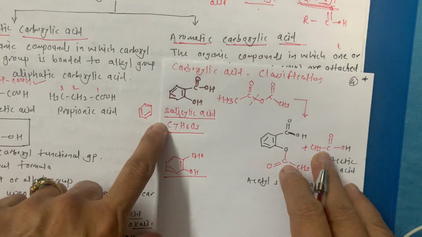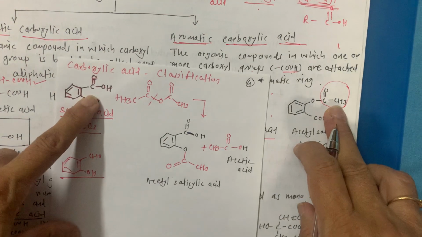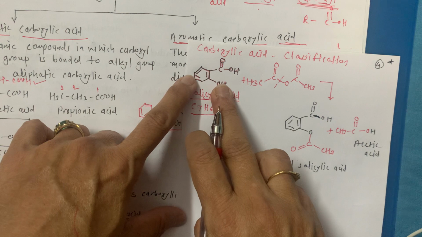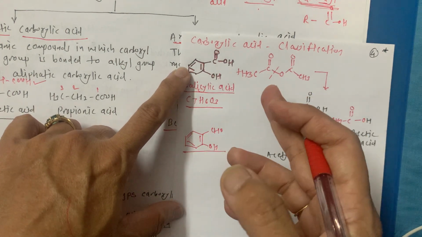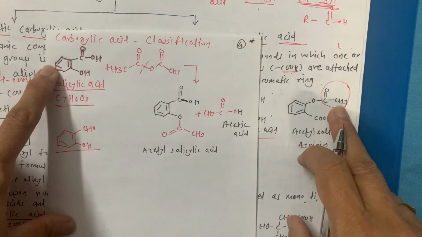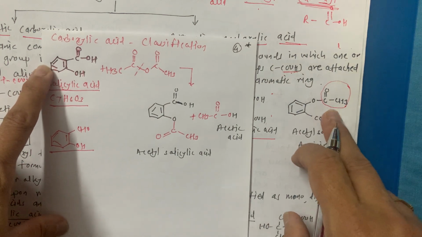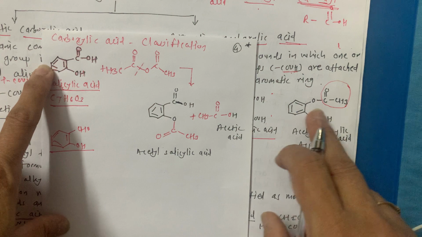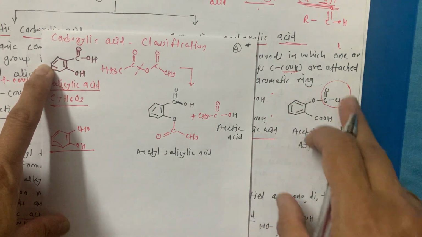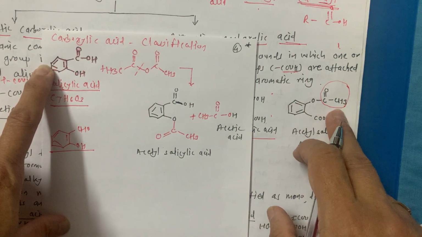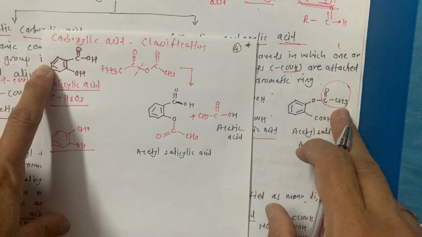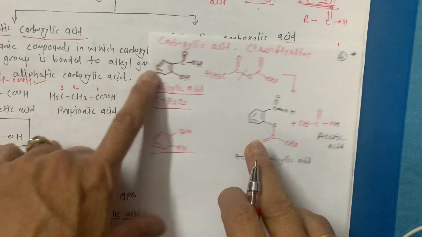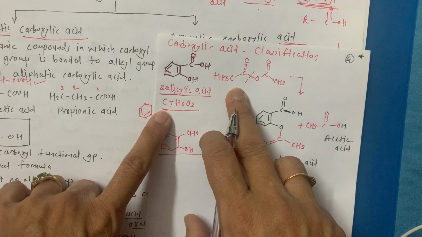Now what happened over here to get this product? I am giving you extra information to understand the structure. They may ask you this structure in the examination, and then you should not just mug up the structure or the formula. You have to know how we get this structure, and that's why I am showing you this reaction.